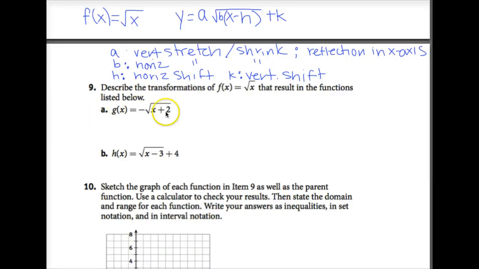Okay, so we're going to look at A. If you're still not quite finished, just hang on because I want to make sure you understand the explanations as we talk about them here.